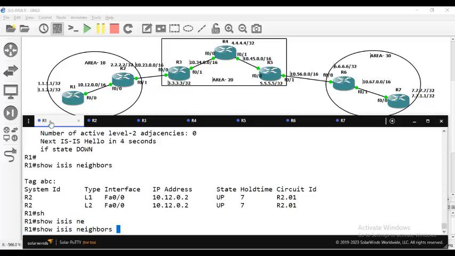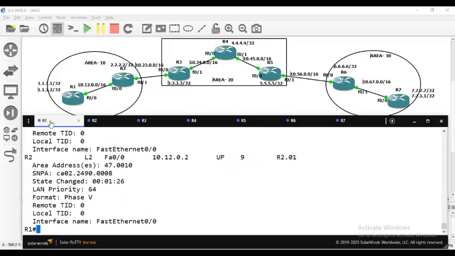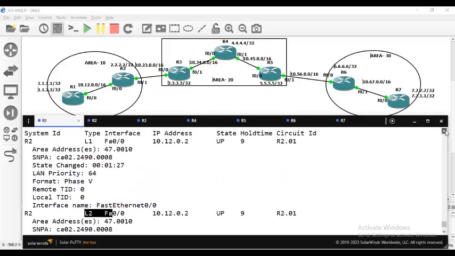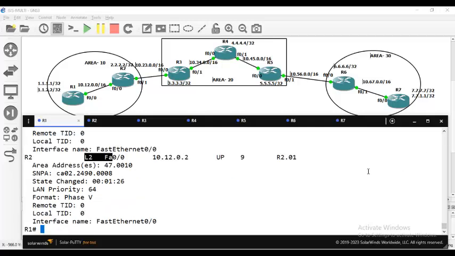Okay, I want to show you the DR. It shows only circuit ID. Show ISIS neighbor. Show ISIS interface. Okay, see, there is no ISIS interface command. What command I used? CLNS interface.